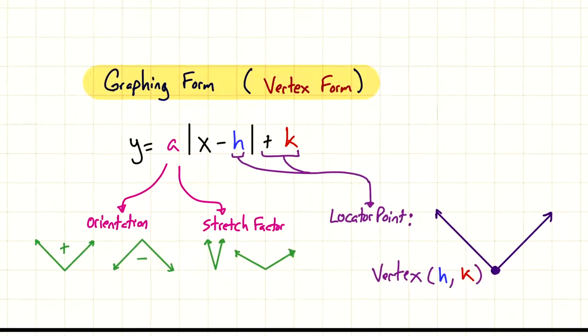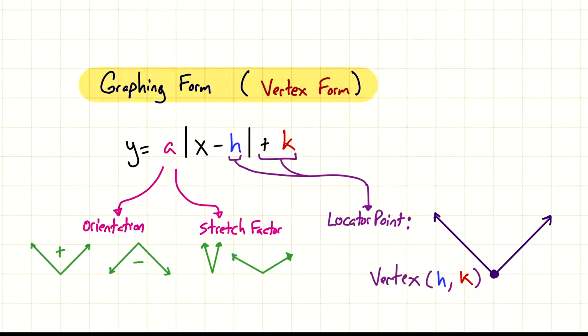So I haven't mentioned it yet, but hopefully you notice that the graph of this, unlike the parabola, which looks more like a U shape, the absolute value looks more like a V shape. So this is kind of the default graph.